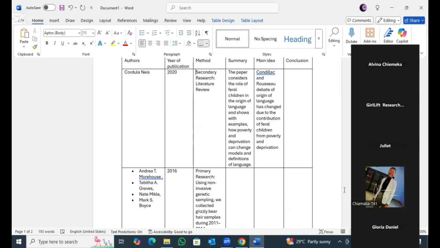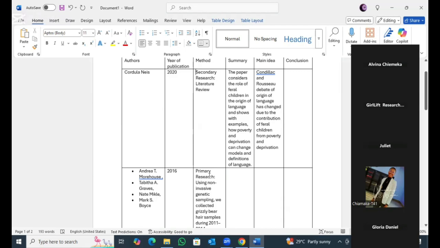If you're looking at methods, you can look at as many papers as you want. All you need to do is look into their methods only.